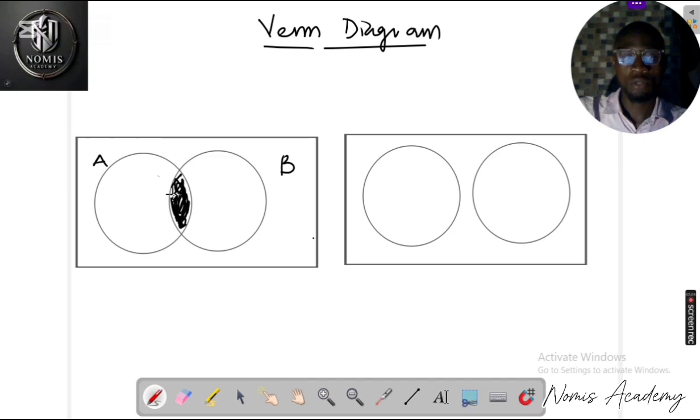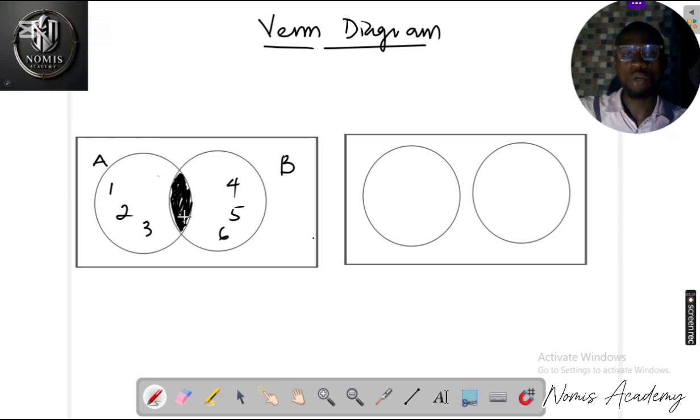So as we shape this part, this is where A and B have business to do together. So now we have A intersect B. So here we have the common element. So that if we have 1, 2, 3 as elements of A only, maybe we'll have 4, 5, and 6 as elements of B only.